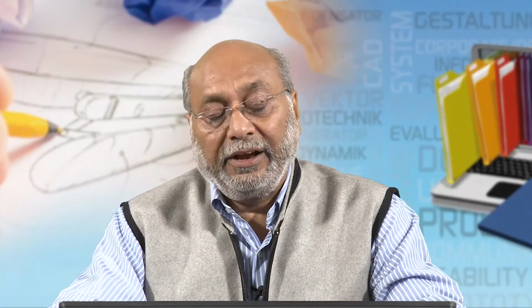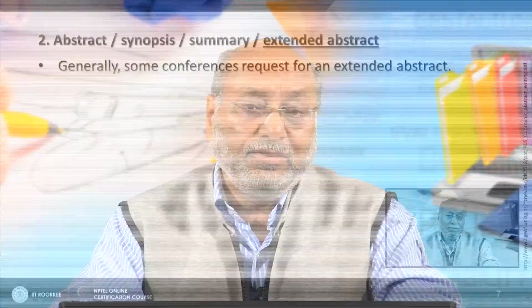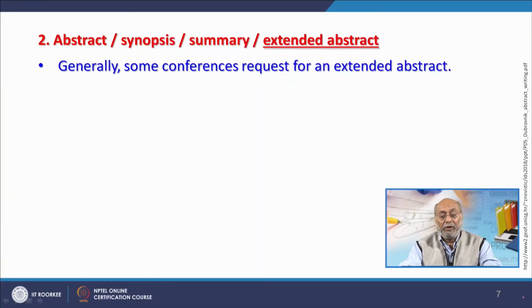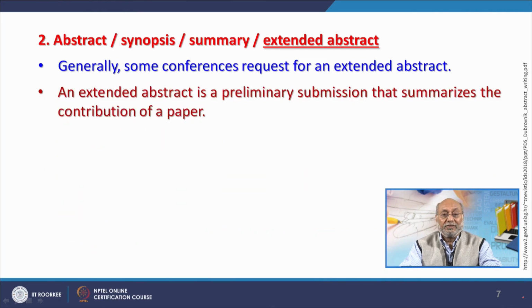Now, generally some conferences request an extended abstract, as I just mentioned. They don't require a simple abstract of 1 page or 300, 500 words, but they may say okay, a 6, 7 page extended abstract. So, an extended abstract is a preliminary summation that summarizes the contribution of a paper. Once you submit an extended abstract, it will be reviewed.